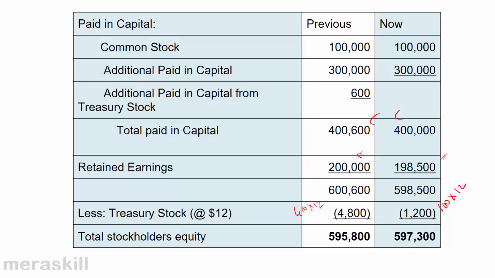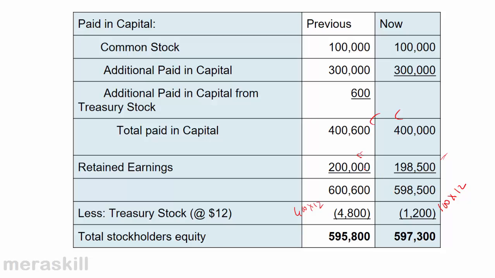Therefore, this is the shareholders' equity now. Clear? No change in common stock, additional paid in capital. But this was entirely used up. APIC from treasury stock was entirely used up to write off the loss. But it was not enough. There was more loss. So we took it from the retained earnings.